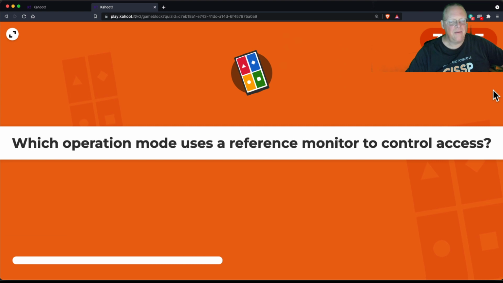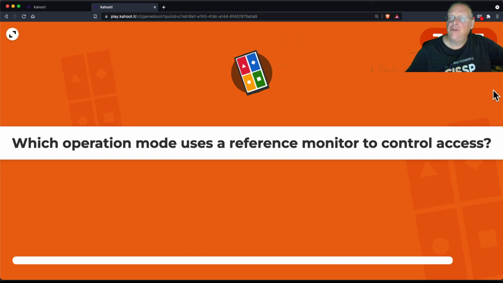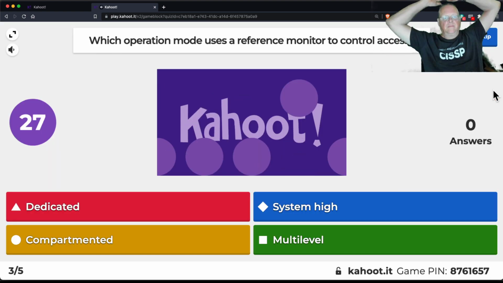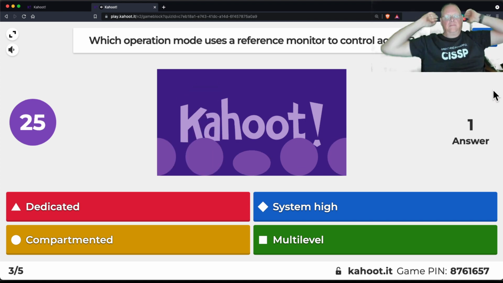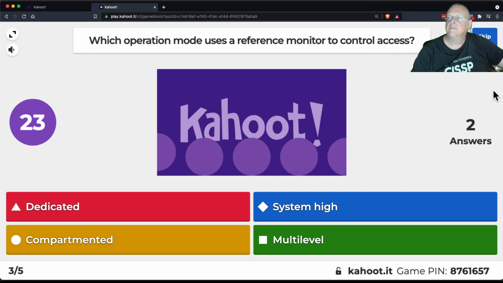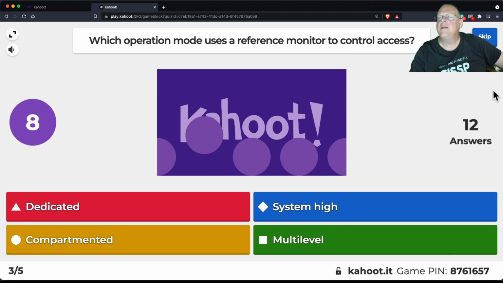All right, which mode uses a reference monitor to control access? Not seeing the questions on your phone. Oh, that's not right.